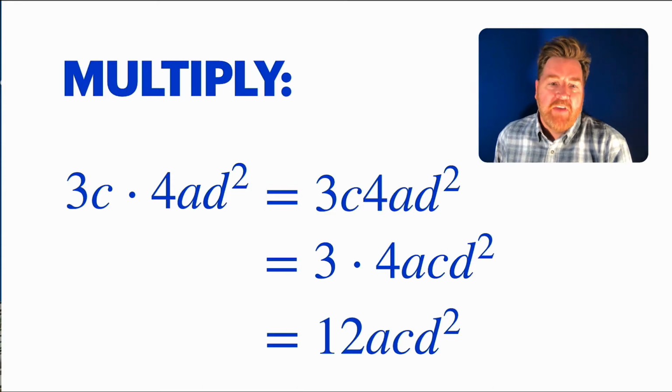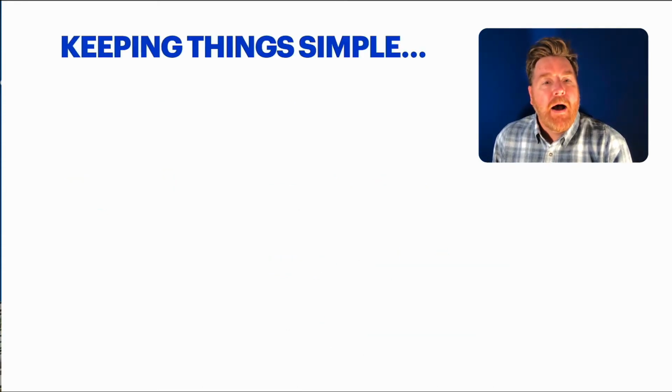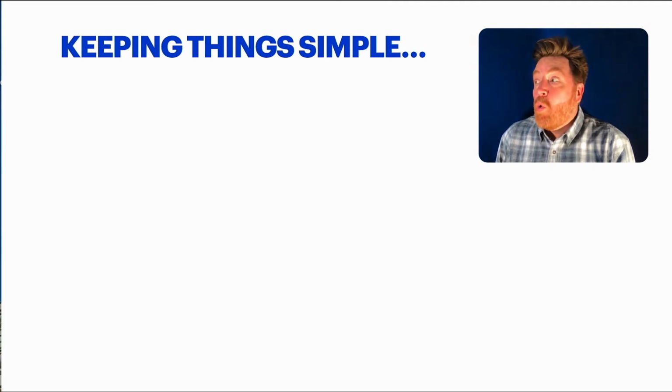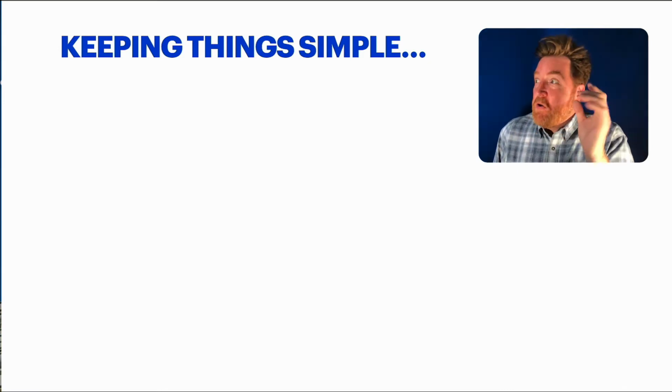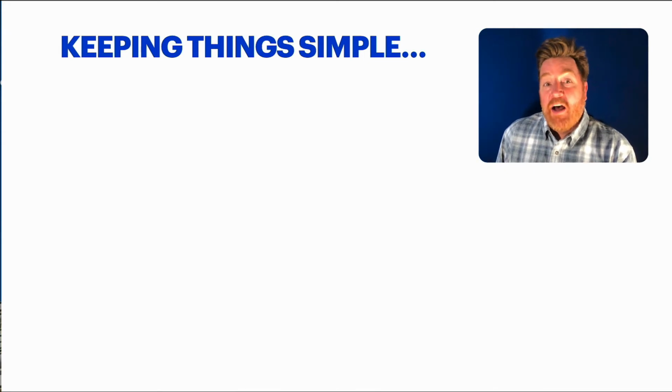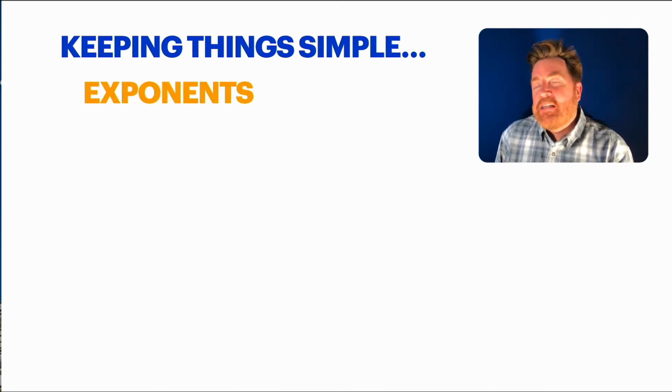All right, here's another example. I'll tell you what. The computer just reminded me. Speaking of keeping things simple, something that's really important that's going to help us keep things simple is the idea of exponents. So just to recall, make sure everyone's on the same page.